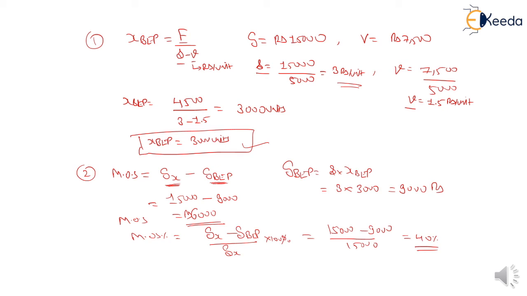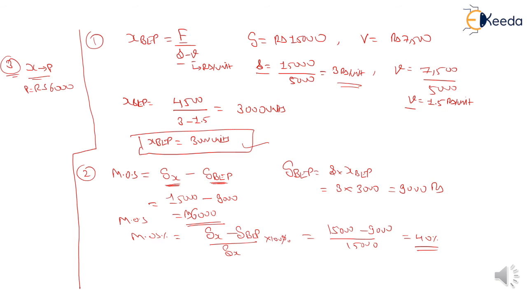And the last one, the last terminology to be calculated is the volume of production corresponding to a profit P. Okay students, the volume of production corresponding to a profit P, and P is given as rupees 6,000. In the previous session, this terminology was discussed.